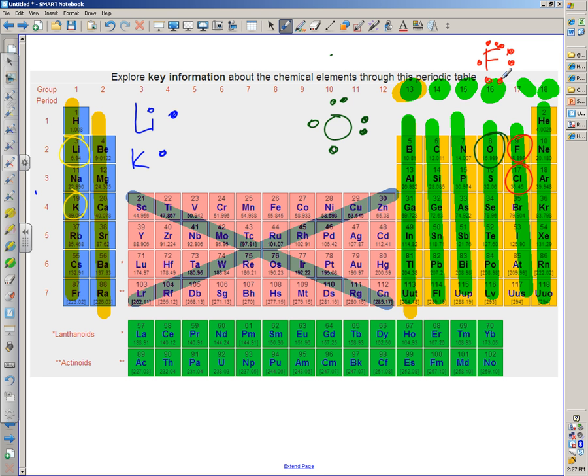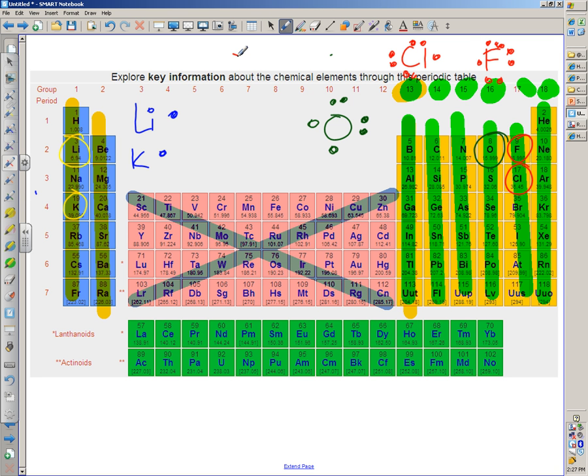If I draw chlorine, what's it going to look like? Same thing, except what's going to be in the middle? Cl. Right? So chlorine, 1, 2, 3, 4, 5, 6, 7. Okay. Notice here, in fluorine, I drew my 1 unpaired electron over on the left-hand side, and chlorine, I drew it on the right-hand side. It really doesn't matter. As long as there's 7 dots around it, that's fine.